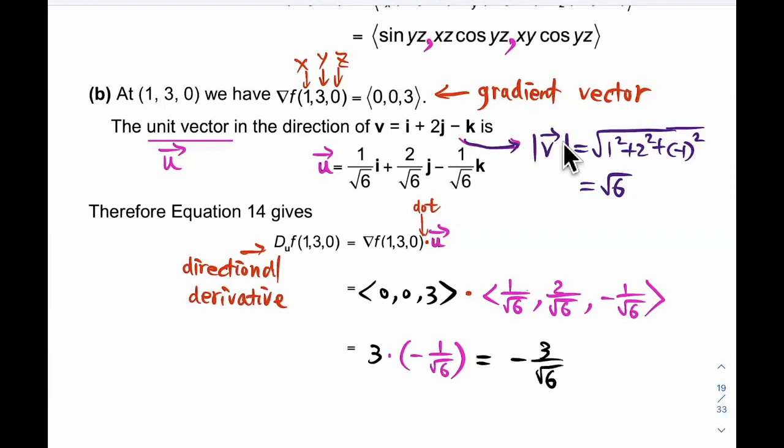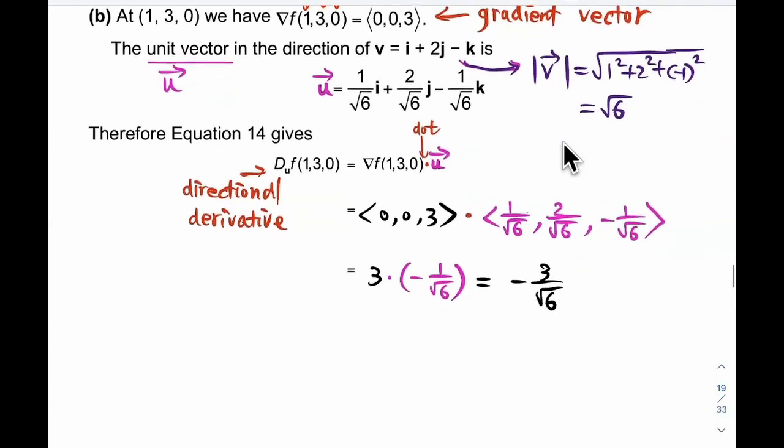There are different ways to write this. You can rationalize this, or you can put it like negative 3 over 6 times square root of 6, and then reduce. But in any case, you got this number, the equivalent, okay?